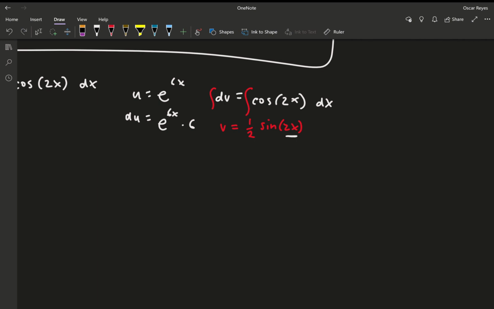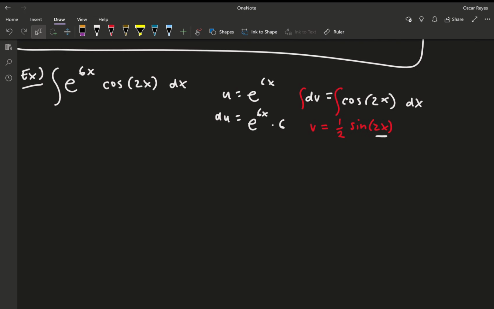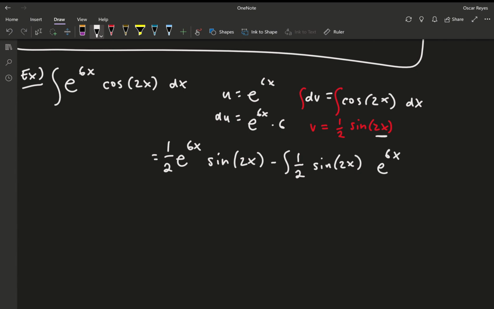So now that we know what our values are, we can go ahead and put them into the formula. We're going to have u, which is e to the 6x, and v, which is 1/2 sine of 2x, minus the integral of v du: 1/2 sine of 2x, and du is e to the 6x, actually 6e to the 6x, because this is a 6 here.